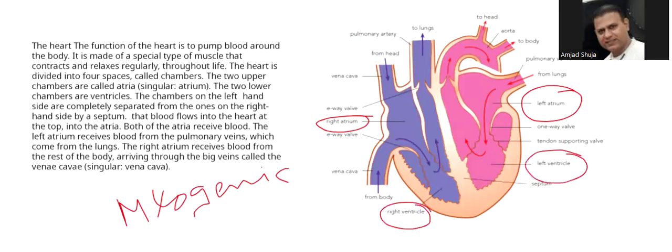Moreover, the heart has an outer membrane which is protective in function, and its name is pericardium. Pericardium protects the heart from any mechanical injury.